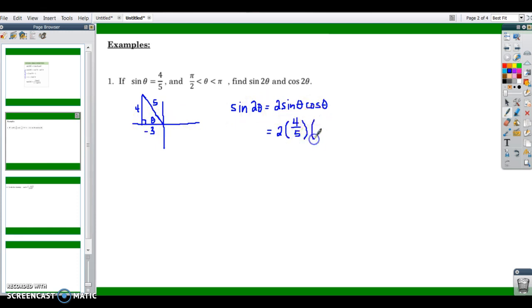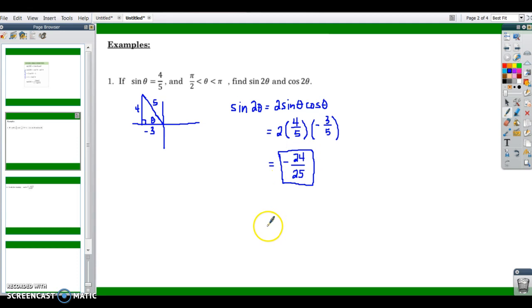And cosine of theta, I'm going to get off of my picture, that's going to be -3/5, which makes sense because I'm in the second quadrant and cosine is negative in the second quadrant. And then I'm just going to go ahead and multiply those together. So I have 2 times 4 times -3, so it's going to be -24 over 25. And that's my answer.